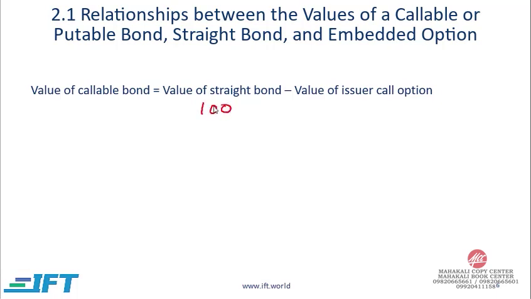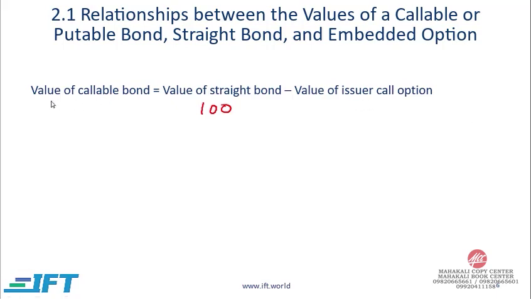Now, if we have another bond that is similar in all respects, except that it has an embedded call option, that embedded call option obviously is of value to the issuer. The bondholder does not like the fact that the bond can be called, because the bond will be called when interest rates go down, and that is the time when the bond price goes up. So clearly the bondholder does not like the call option.